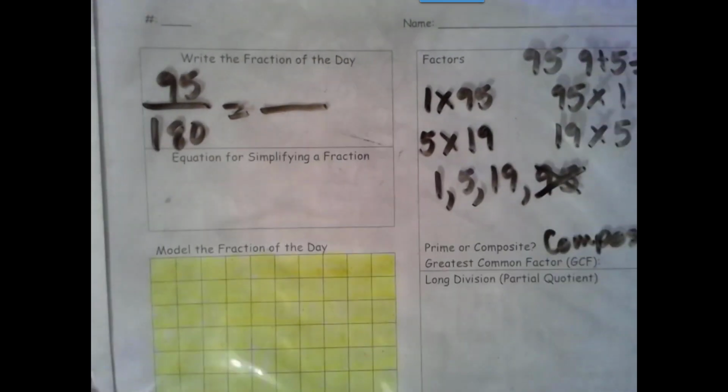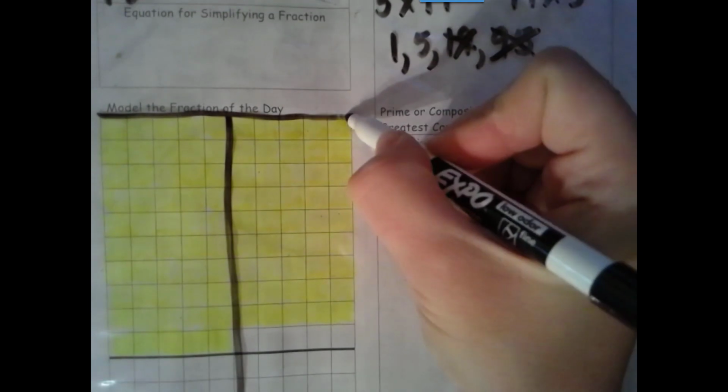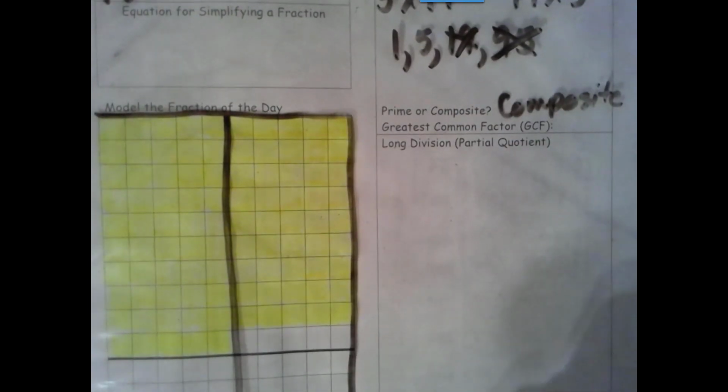Let's try 5. If each row is 10 and I cut each row into 2 equal pieces, cut it in half, half of 10 is 5. So using that mathematical reasoning can help you make your groups more quickly.